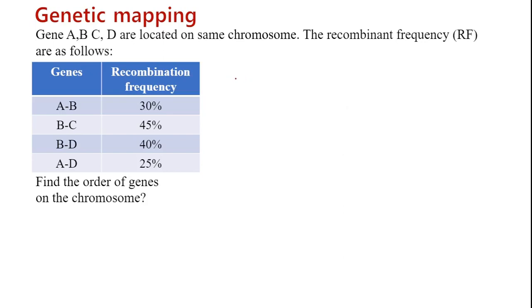The first problem: genes A, B, C are located on the same chromosome, not necessarily in the same order. You need to mention that they are not necessarily arranged in the same order on the chromosome. The recombination frequency is given in the table below, and find out the order of the genes on the chromosome. It is easy. Why? Because recombination frequency is directly proportional to crossing over, right?